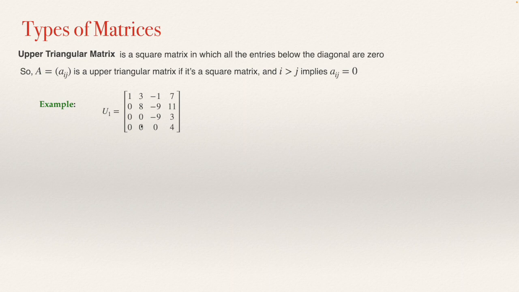Anytime we have an entry in which the row number is bigger than the column number, this entry will be 0. An easier way to explain is to say that every entry below the main diagonal, as we call it, the elements in which the row number equals the column number, so every element below the main diagonal is 0 in an upper triangular matrix.